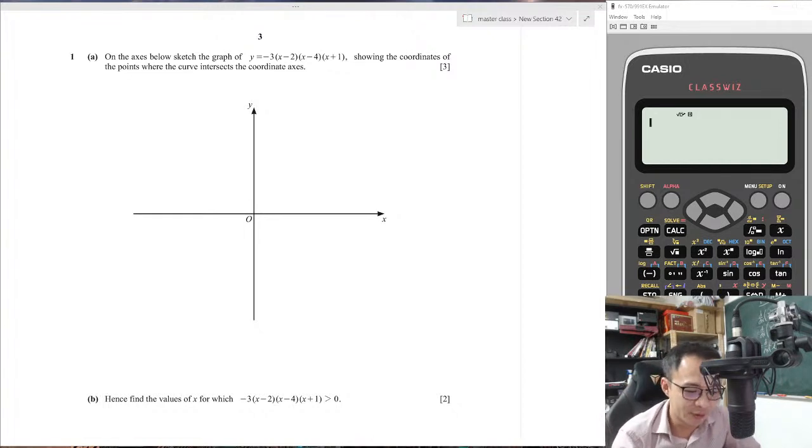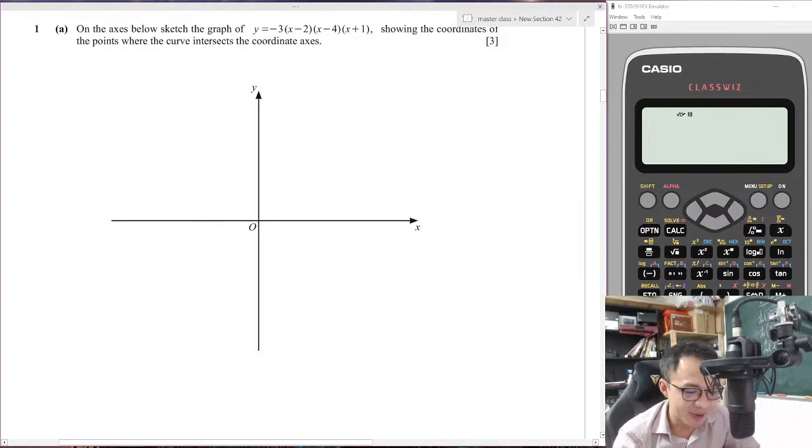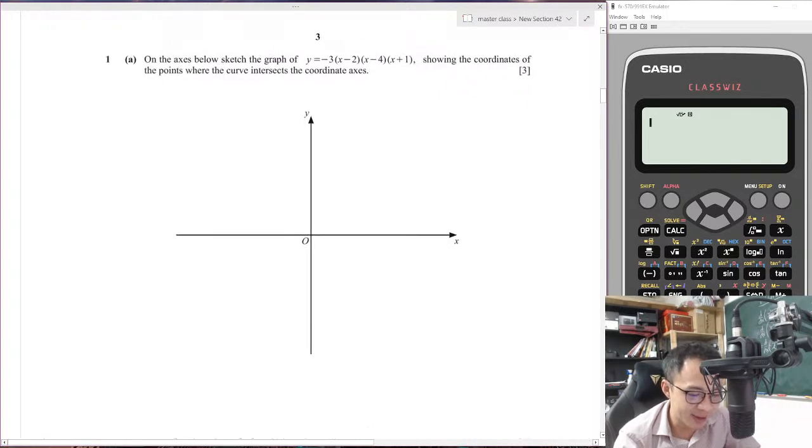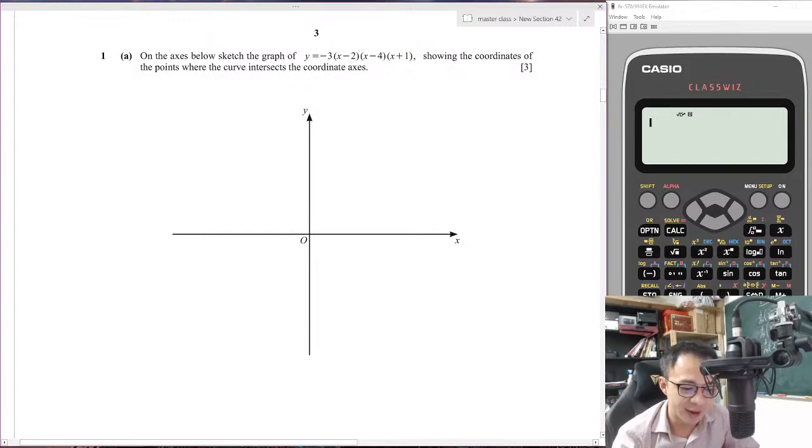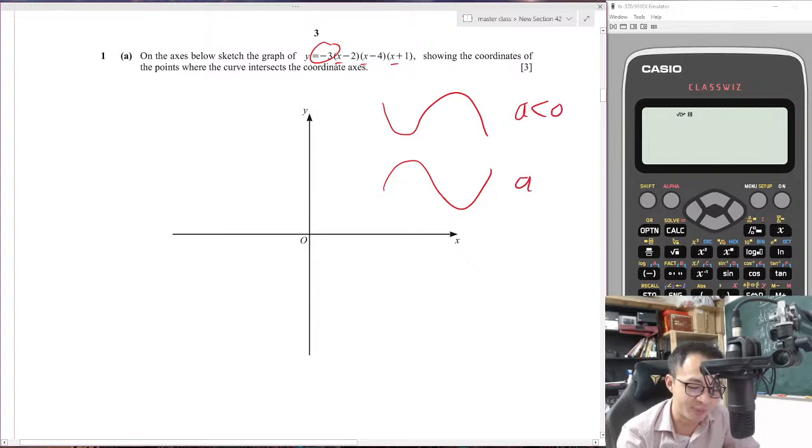Alright, so for the first question, on the x-axis below, they ask you to basically sketch this one and then show your coordinates and the points that intersect with the x-axis. So this one, the first thing is x to the power of 3. This is a cubic equation. This is negative. So for a cubic equation with negative a, the graph will look like this. If positive, the graph will look like this. When a is negative, and when a is positive.